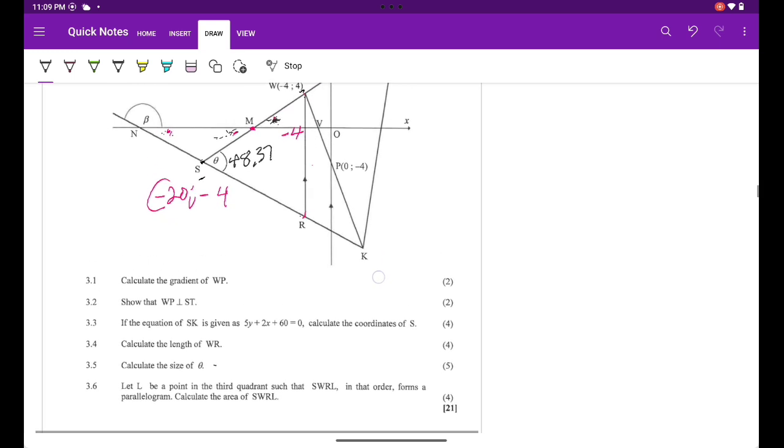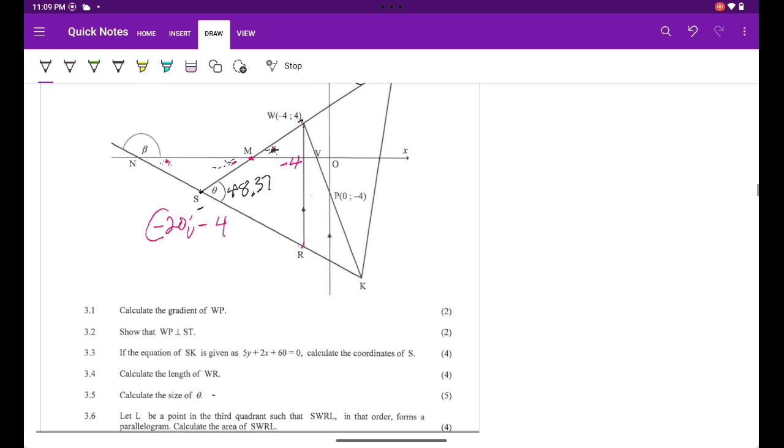Right, so L is in quadrant number 3, so it's somewhere in this quadrant. So they are saying S, there is our S, then we have W, we have R, and then we have some L somewhere.